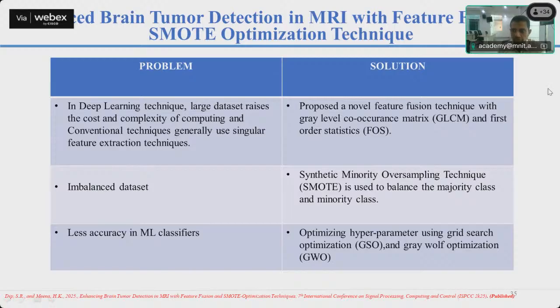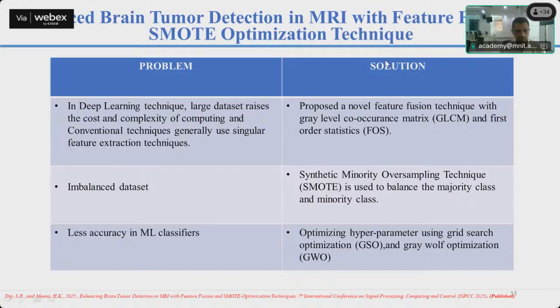Okay, no question. Now we come to enhancing brain tumor detection using feature fusion. If you see here, we have addressed two problems. We did not use deep learning; we were able to use machine learning and get such a good result.